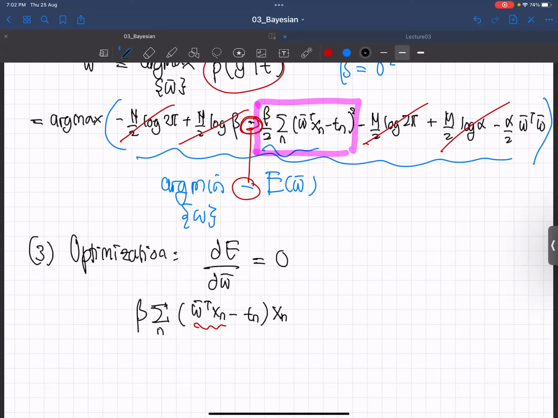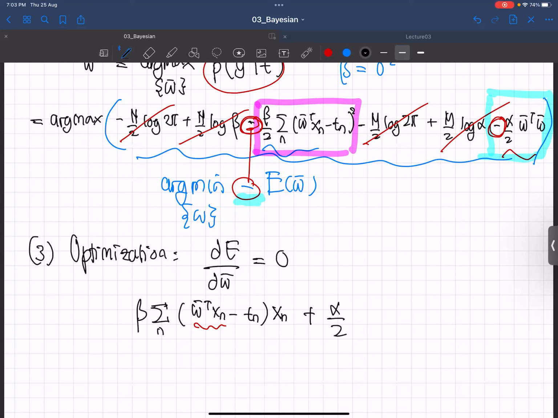The second term also has a minus there. The second term here, the green one or the blue one, has a negative, and we have a negative here as well. So they are cancelled, they become positive, so we can plus here. So what is the derivative of alpha divided by 2 times W transpose W?